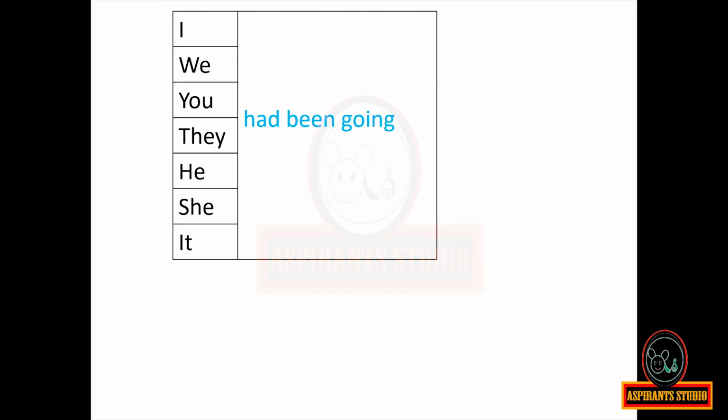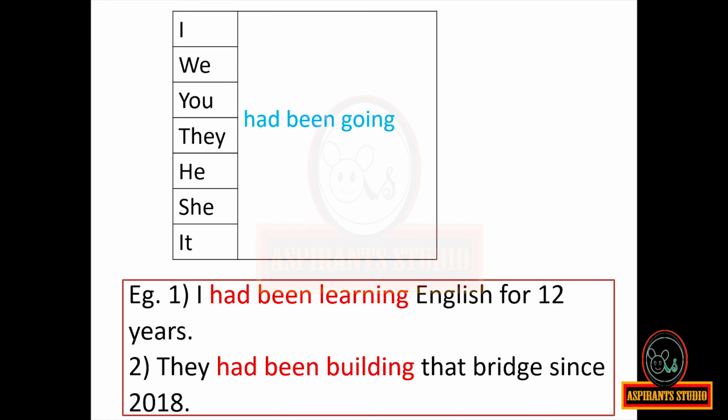For past perfect continuous tense, we use had been going with all the subjects. Example, I had been learning English for 12 years. They had been building that bridge since 2018.